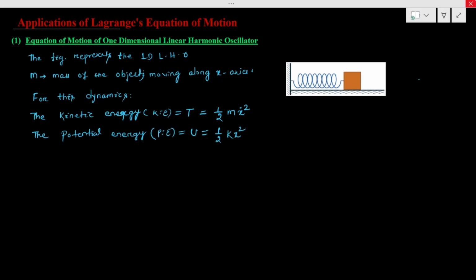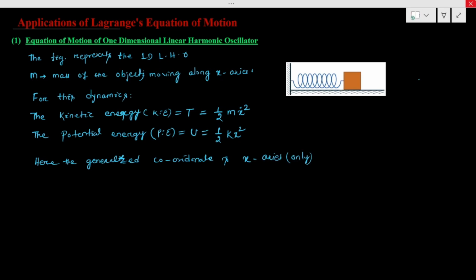Here the generalized coordinate is only one. The generalized coordinate is x only, x axis only.